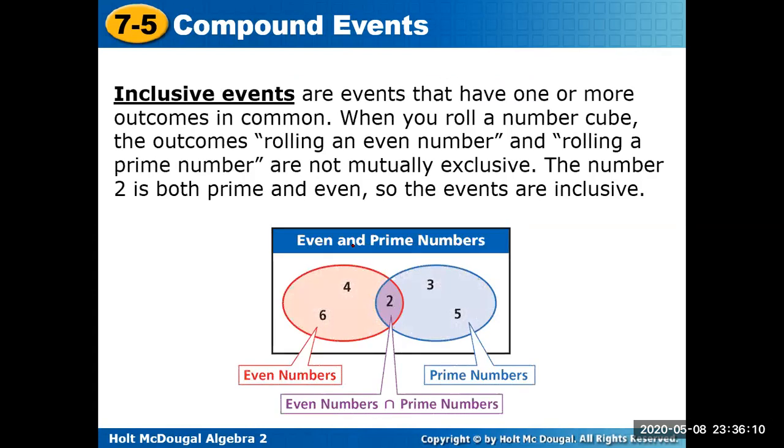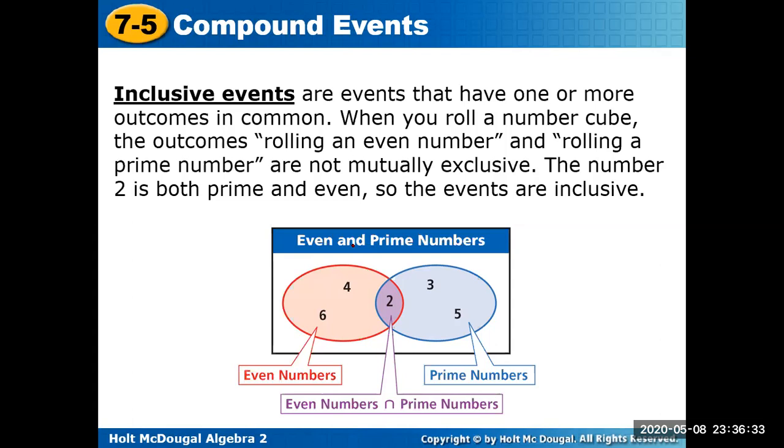Coming to inclusive events. Inclusive events are events that have one or more outcomes in common. That means the two events have one or more outcomes in common. So it's given here an example.